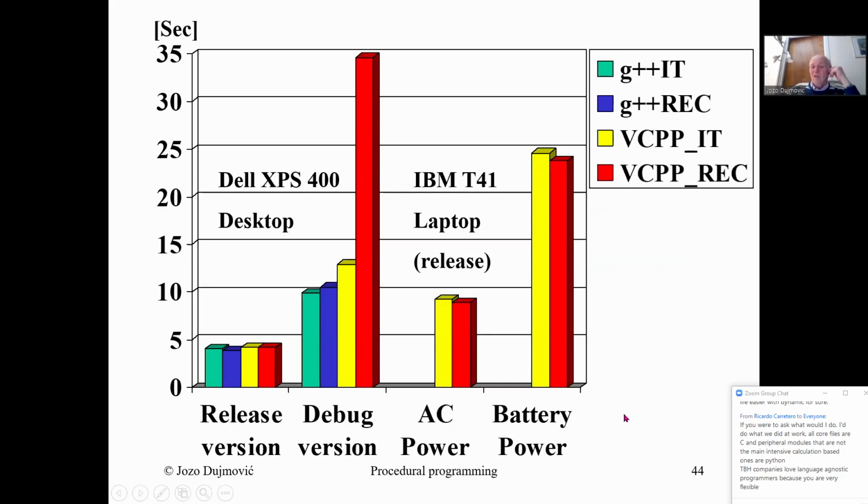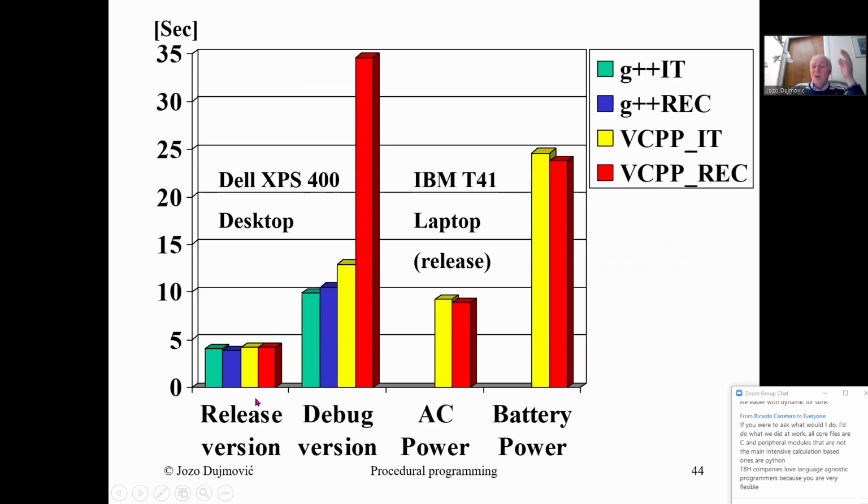If you do that on your laptop, this was desktop machine, this was laptop machine, this was Visual C++, so you have iterative versus recursive version, and you have always that if you use debug version, then you have huge consumption of time.